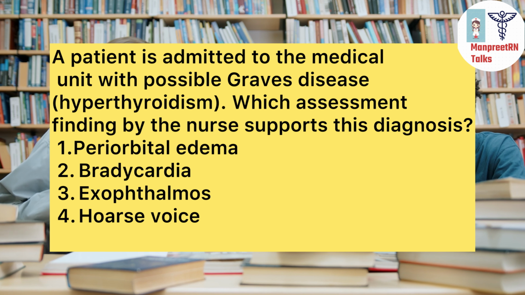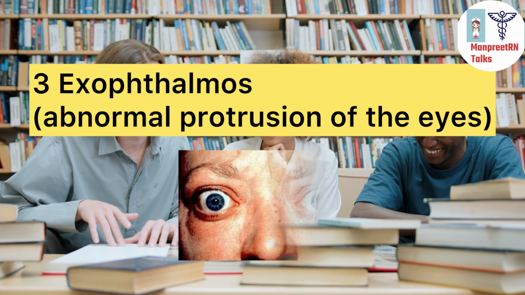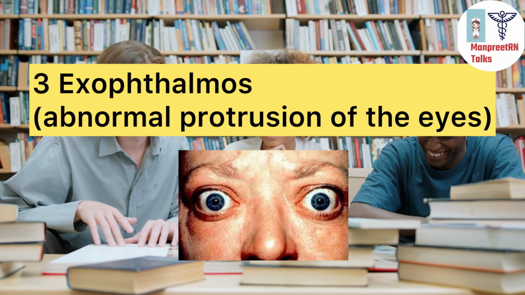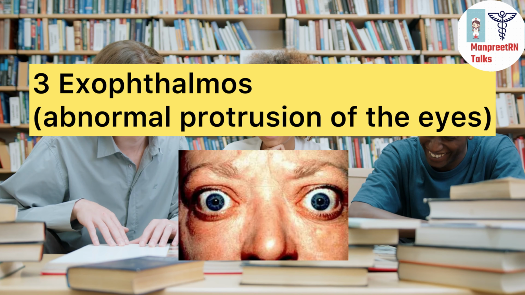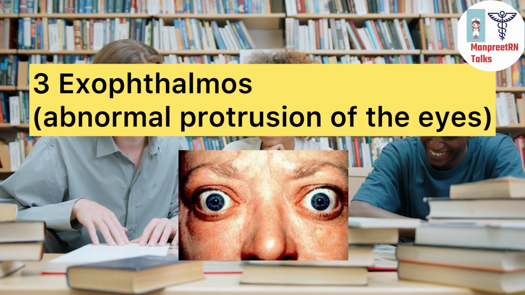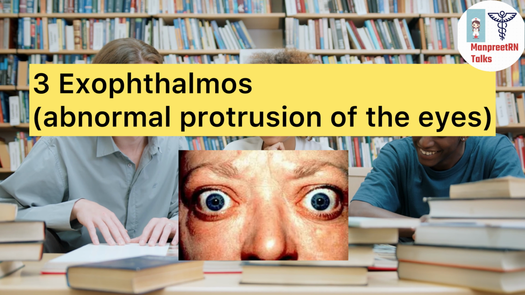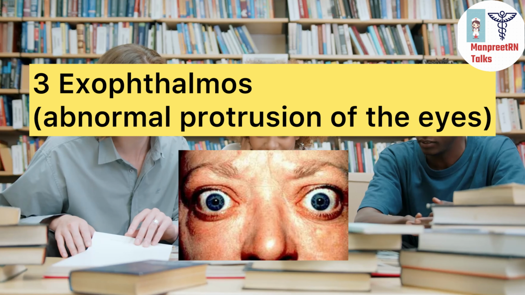The correct answer is exophthalmos, which means abnormal protrusion of the eyes. That is a characteristic of a patient with hyperthyroidism caused by Graves disease. Periorbital edema, bradycardia, and hoarse voice are all characteristics of patients with hypothyroidism.